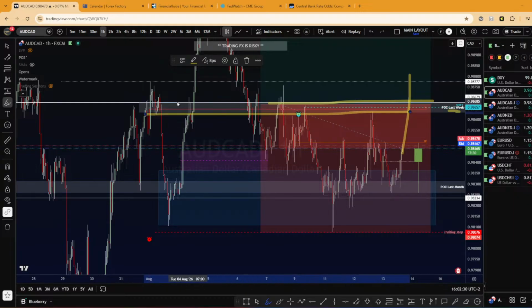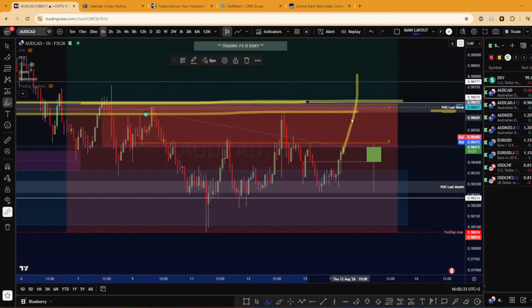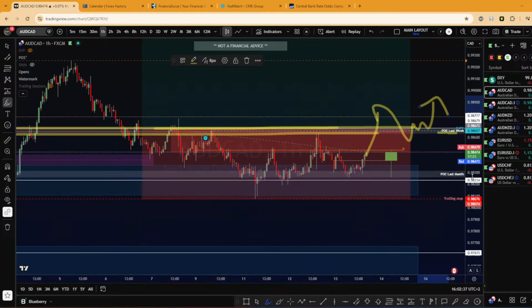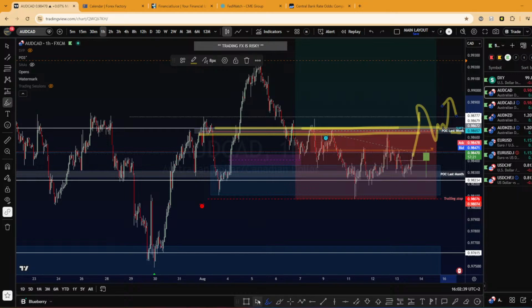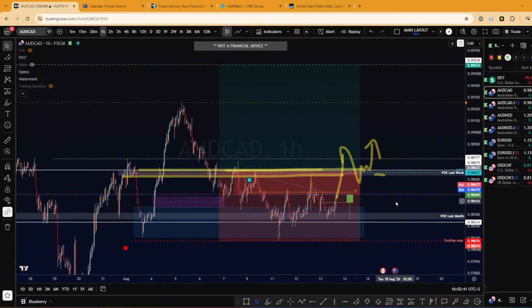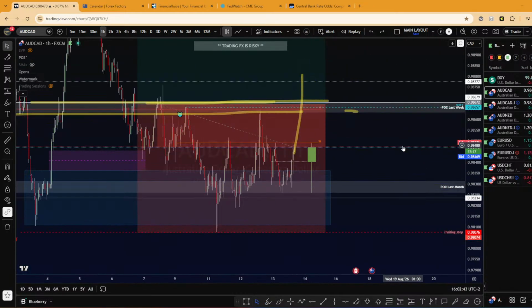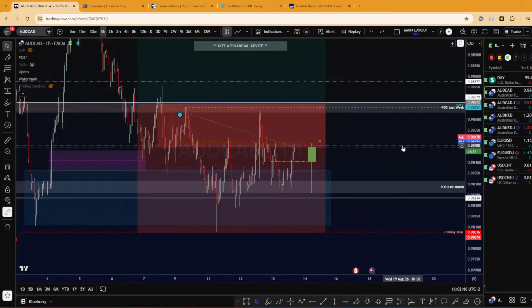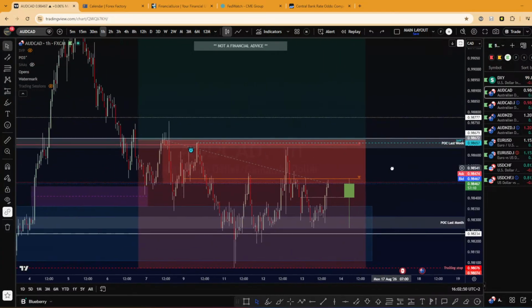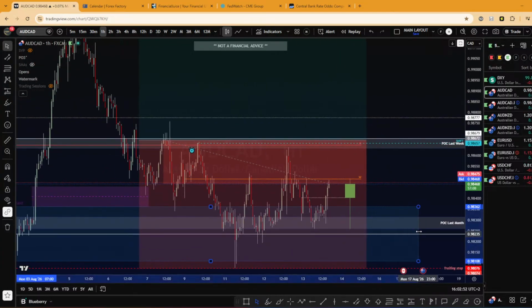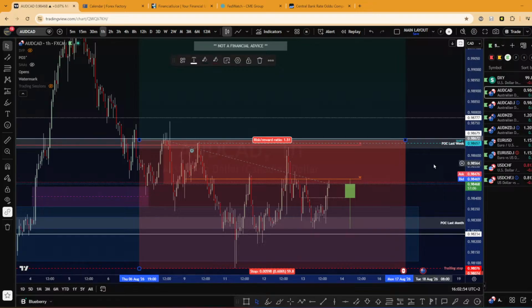This is the level I want to see price pierce above. You see, and then I will be happy to hold this trade towards the target. Okay, so right now I am in drawdown on this trade. So let's see how this will develop. I think I will hold it.